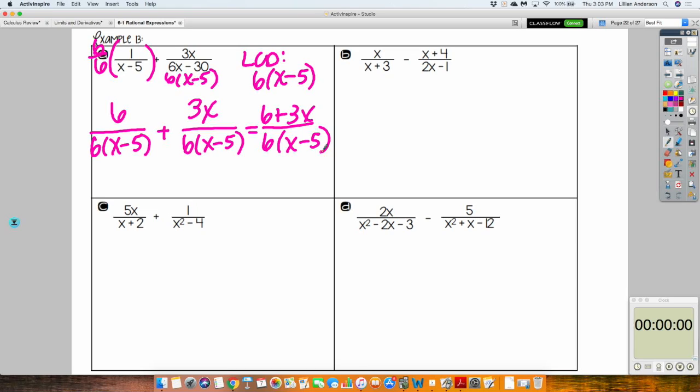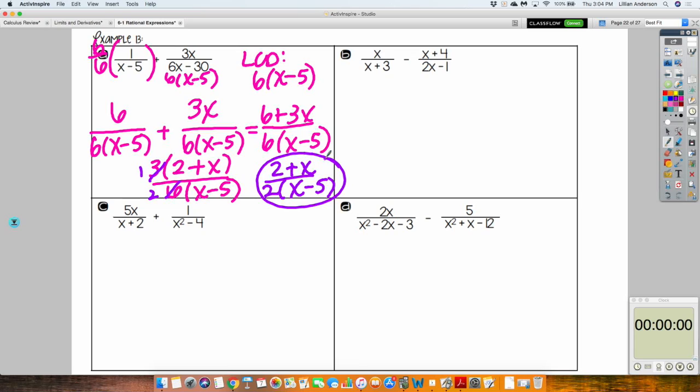Factor out of 3. What does that leave me with? 2 plus x over 6 times x minus 5. Can I simplify that? Sure can. 3 goes into both of these, so then it just becomes 2 plus x over 2 times x minus 5. And that's my final answer.